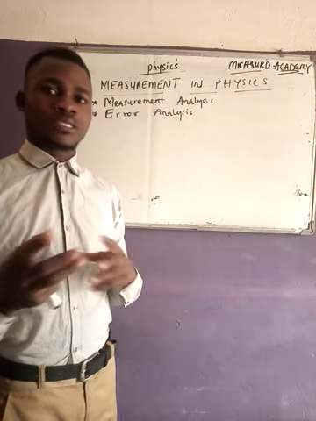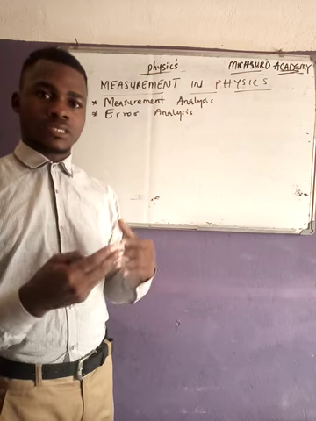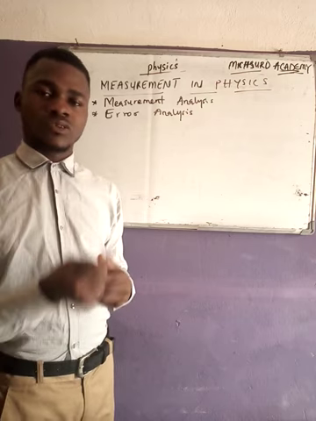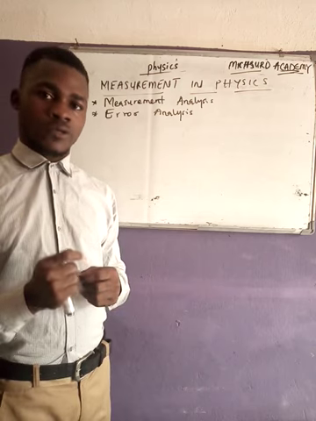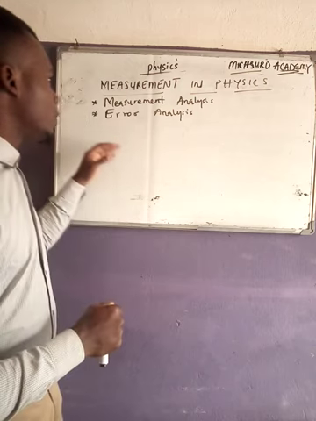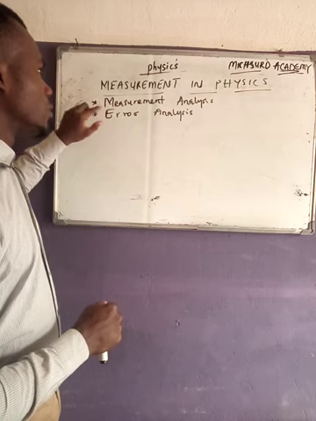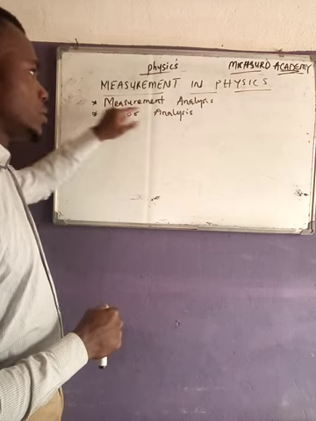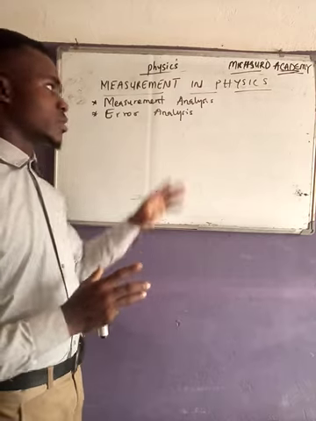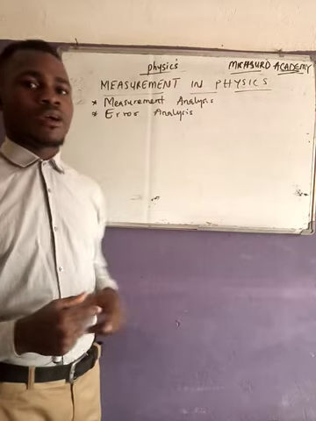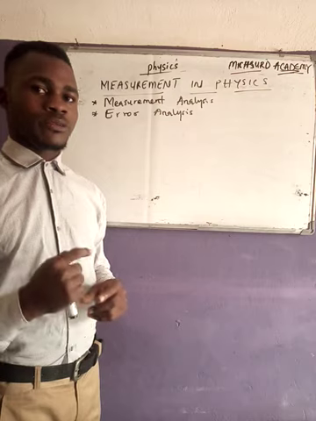Sometimes we make mistakes while calculating or making our measurement, and this results in what we call errors. Are we together? So what we are going to focus on is measurement analysis. In our practical physics course, we are going to look at error analysis.